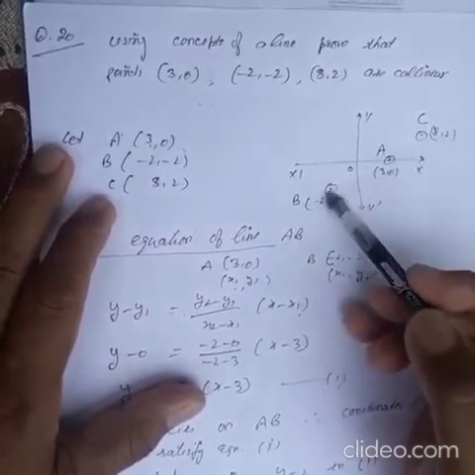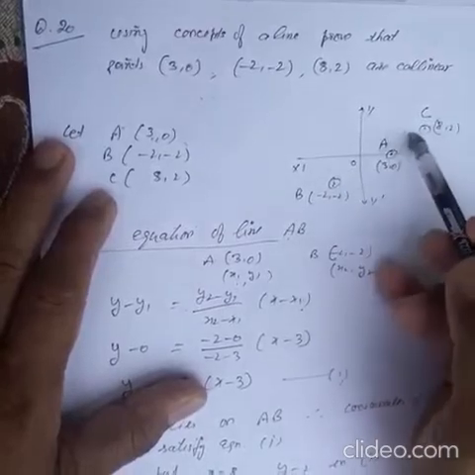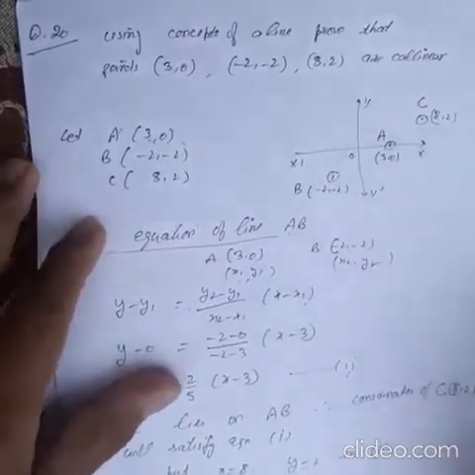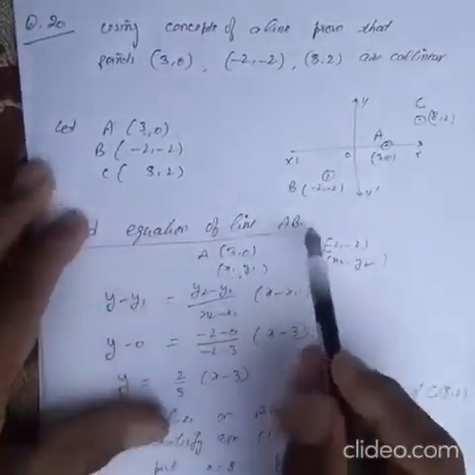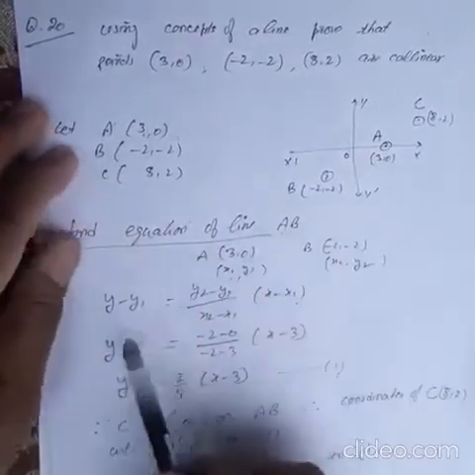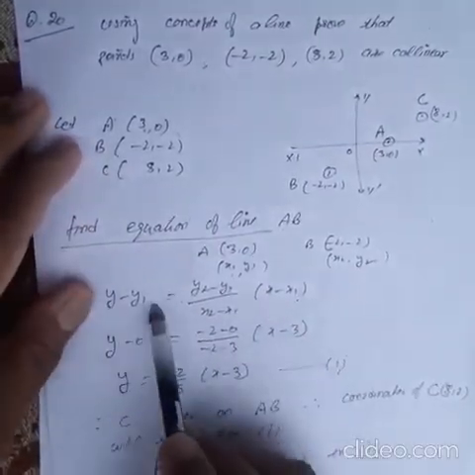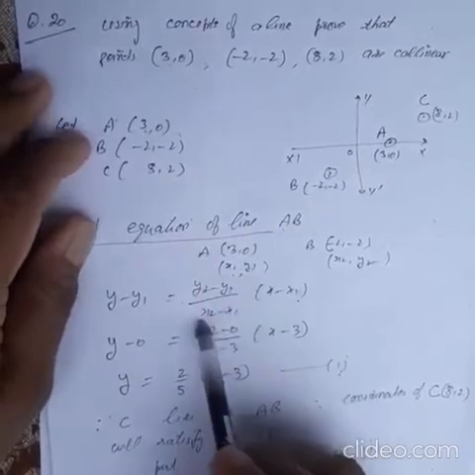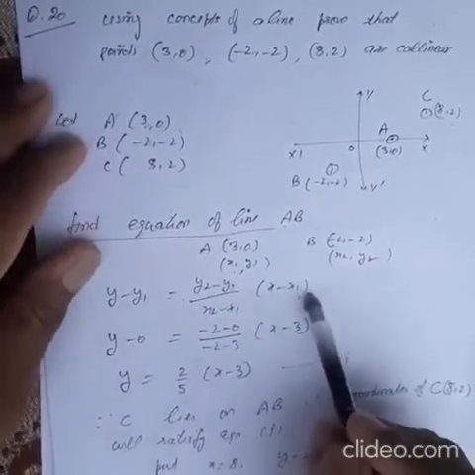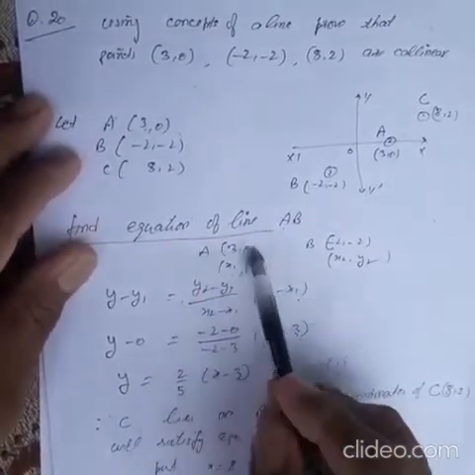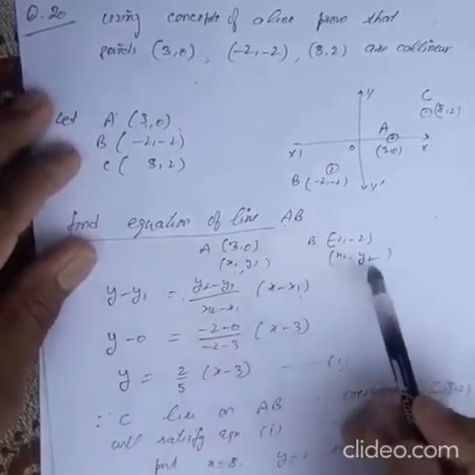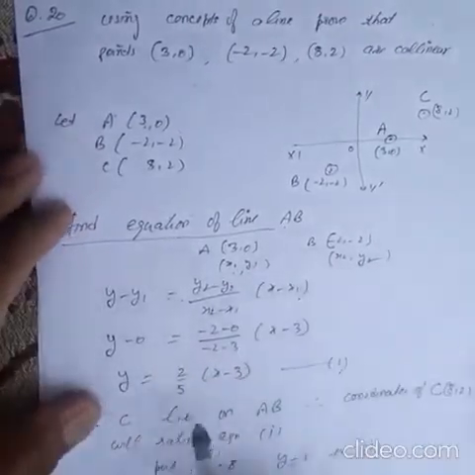Both are the same line, so they will give the same equation. So now find the equation of line AB using the two-point form. This is the formula: y minus y1 equals (y2 minus y1) upon (x2 minus x1) into (x minus x1). So with coordinates of A as (x1, y1) and B as (x2, y2), you put the values and find the equation.